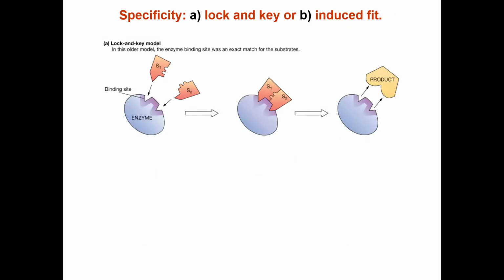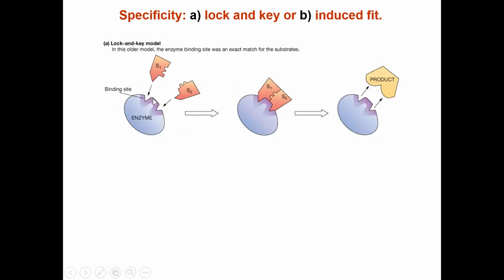So enzymes are specific. There is a specificity that each enzyme is guided by, what we call the lock and key model or the induced fit model. The lock and key model is the oldest model, in which the enzyme binding site is an exact match for the substrate. It means just like your lock and key, your key fits into your lock exactly and perfectly.